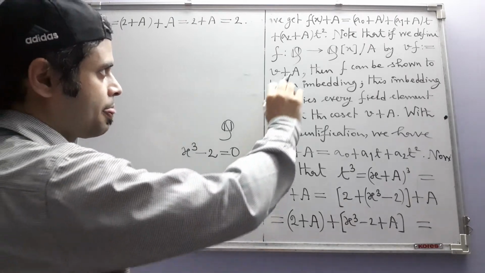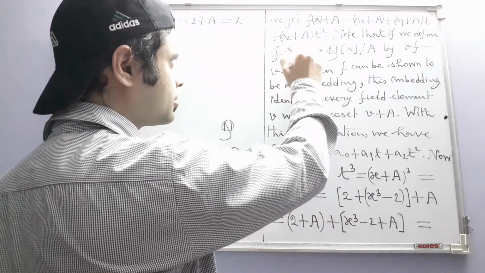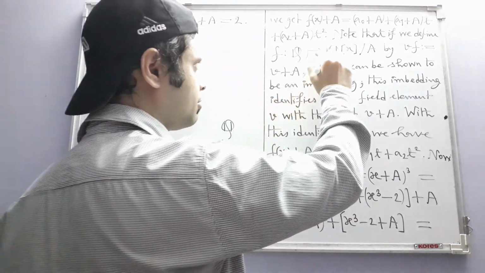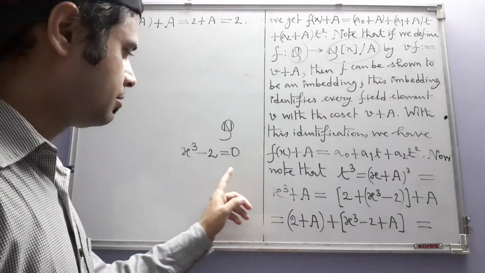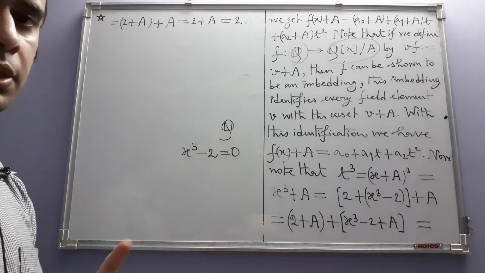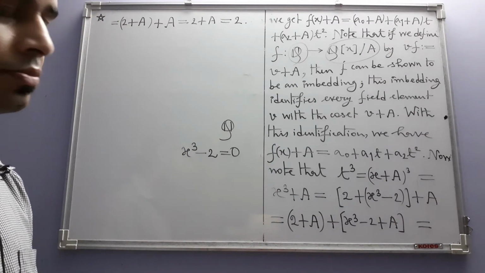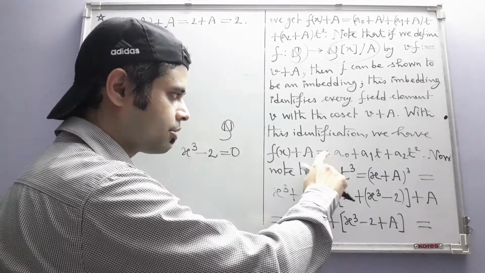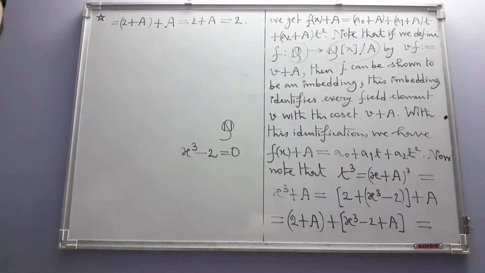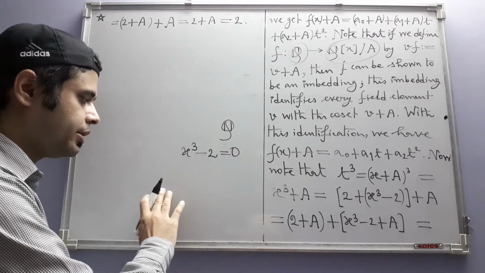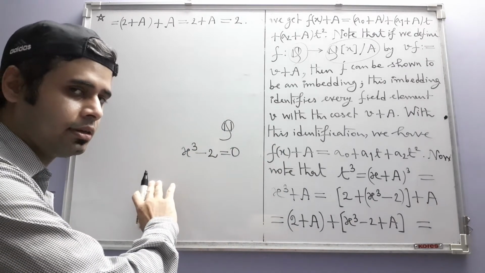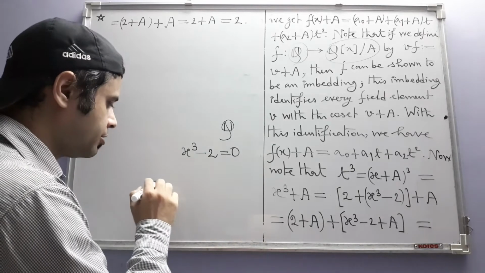However, instead of the system of rational numbers, we have now found another field where this equation has a root, has a solution, and that solution is t, x plus a. So this is a general procedure of finding larger fields in which a given equation has a solution.